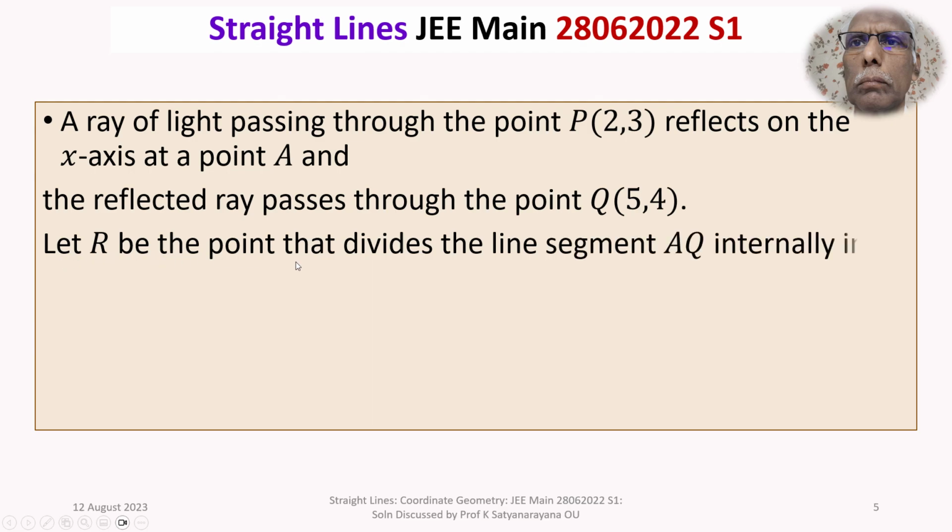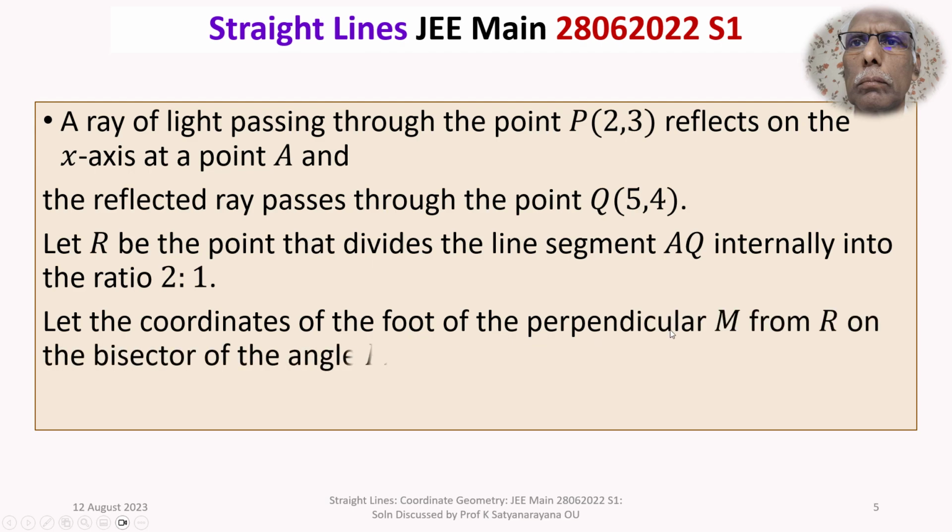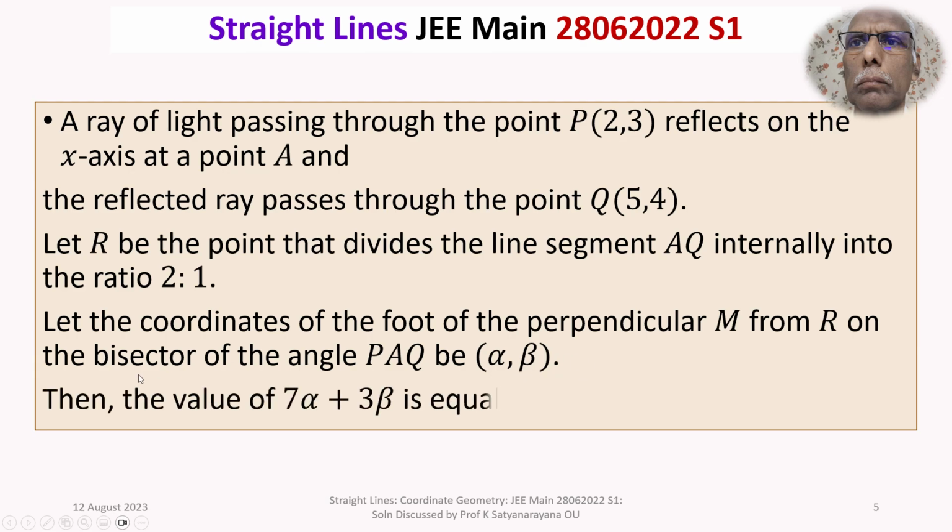Let R be the point that divides the line segment AQ internally in the ratio 2:1. Let the coordinates of the foot of the perpendicular M from R on the bisector of the angle PAQ be (alpha, beta). Then the value of 7 alpha plus 3 beta is equal to.